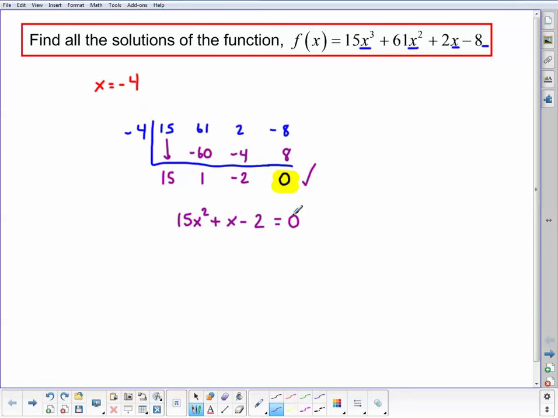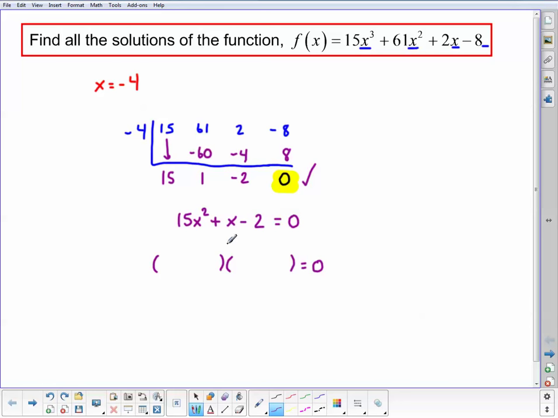Remember, we had 0.3 repeating, which is the same as 1/3, and we had negative 0.4, which is the same as negative 2/5. Since I know they're rational, I can go ahead and do some factoring. Now, again, we already know what the answers are, but let's pretend that we didn't know what they were.